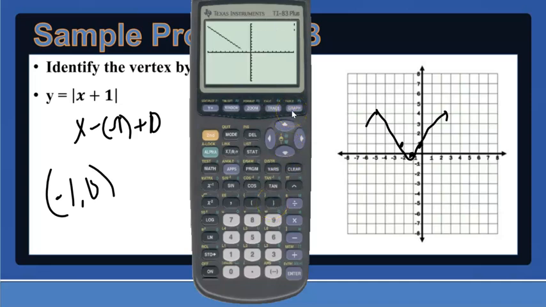Now if I hit graph, there's the graph there. If I hit second graph, go to the table feature. I want to look at the y's to see where they start to repeat. You'll see that the y's repeat on each end right here, and the middle number that does not is at negative 1, 0, which is our vertex.